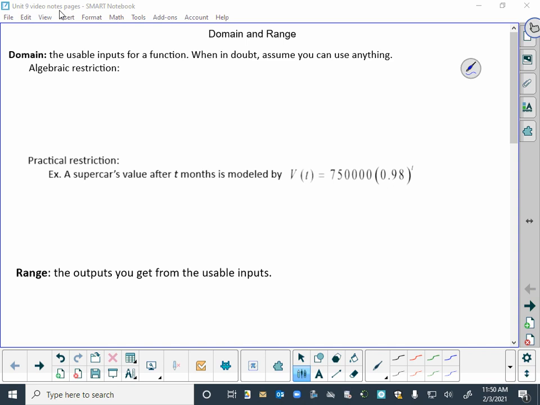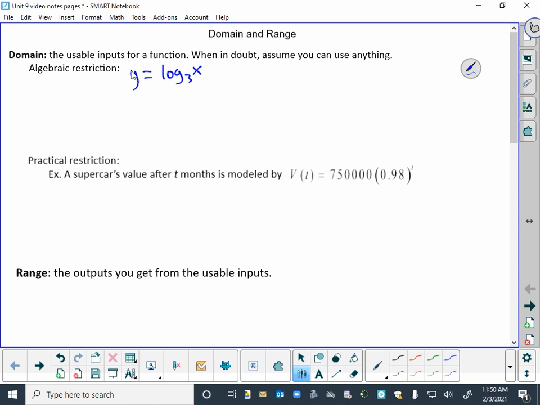So, for example, we just got done studying exponential and logarithmic functions. If we had a function that looked like y equals log base 3 of x, well, we know that we cannot take the logarithm of 0 or a negative number.